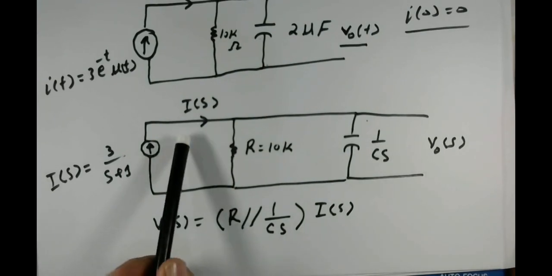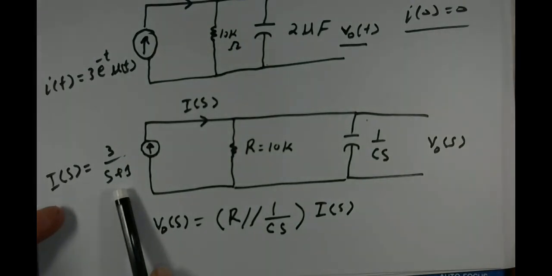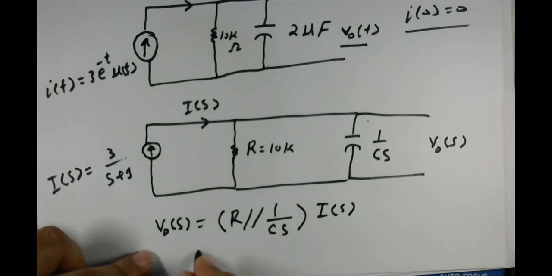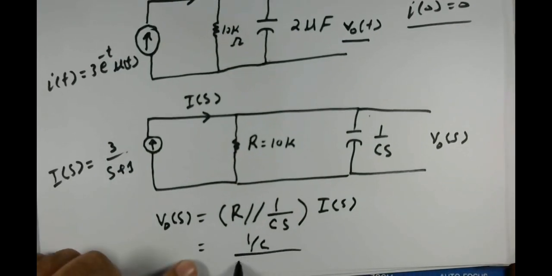And what is your I of S? I of S is equal to 3 by S plus 1. Now you just need to find R in parallel with 1 by CS, and this equals 1 by C over S plus 1 by RC, times I of S.